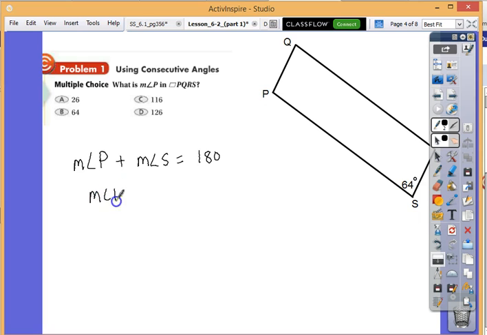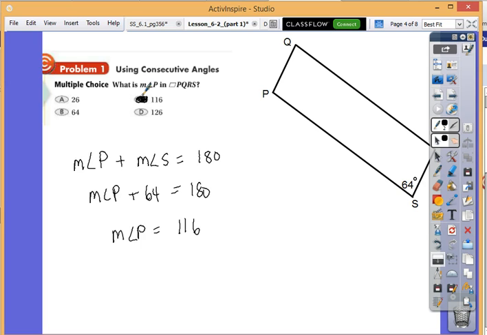So the measure of angle P plus 64 would equal 180. And so we just subtract 64 from both sides, and we get 116. So what's the solution? C, 116. Do you see how we use consecutive angles to solve problems?